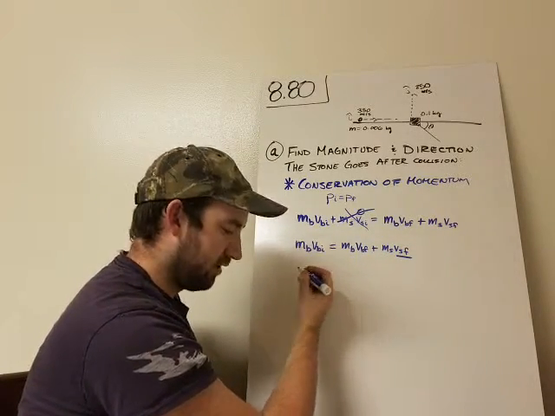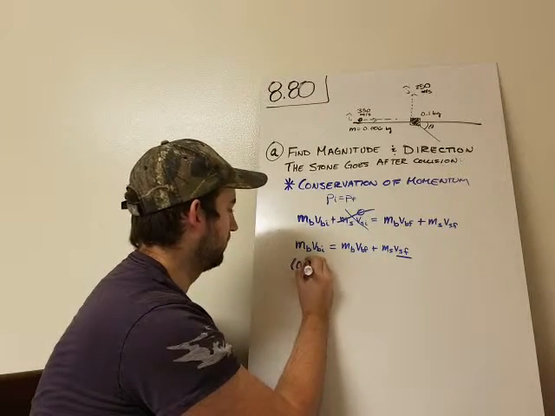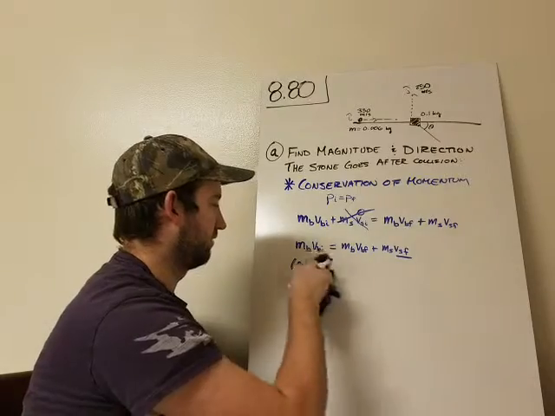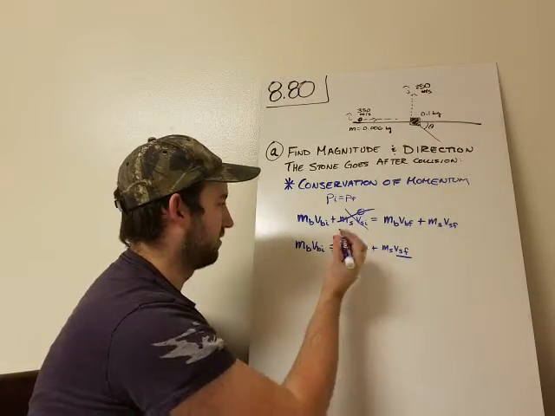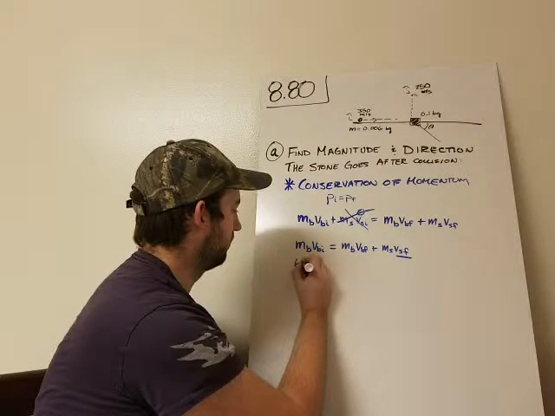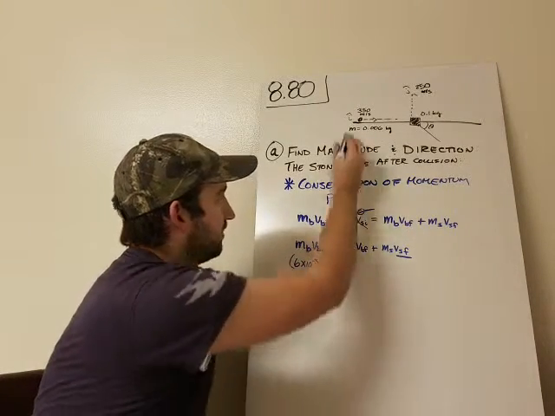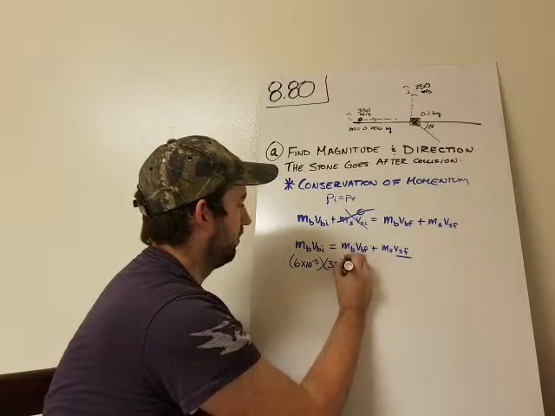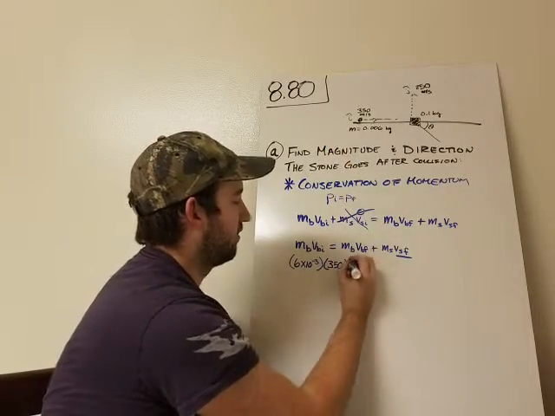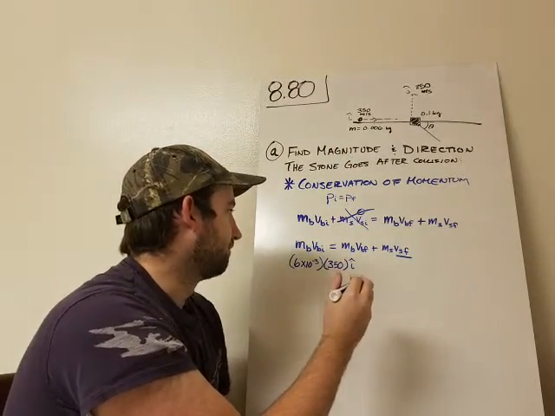So when we plug everything in, we get 6 times 10 to the negative 3 for the mass of the bullet, times the velocity, which is 350, and that's in the i direction, so we're going to keep that.